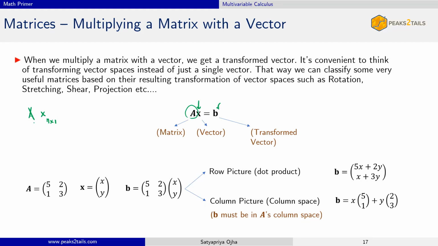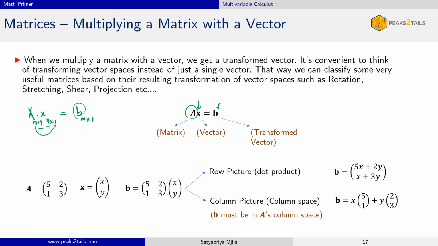So n has to match. So let's say it is m cross n. All right. If you multiply, can I multiply first of all? Yes. These two are matching, so I can multiply. The resulting vector B would have a dimension m cross 1. M cross 1. So this is also a vector.